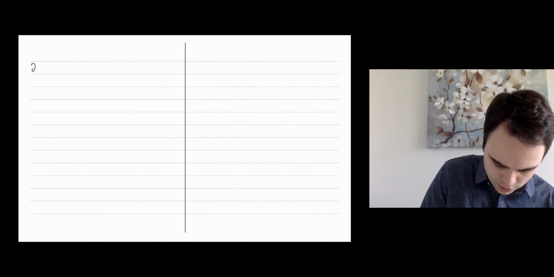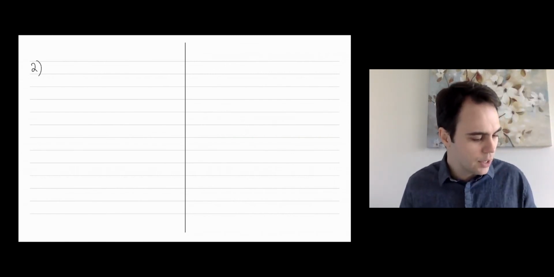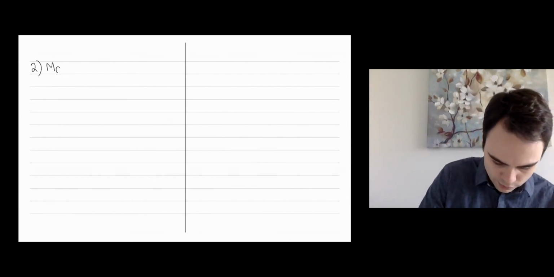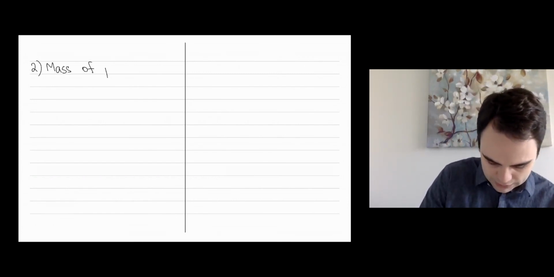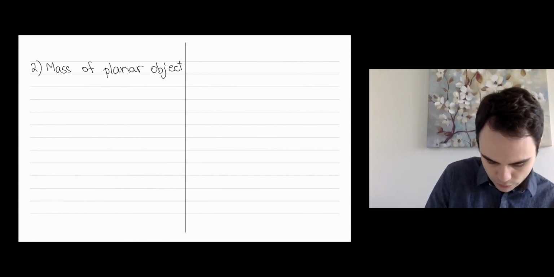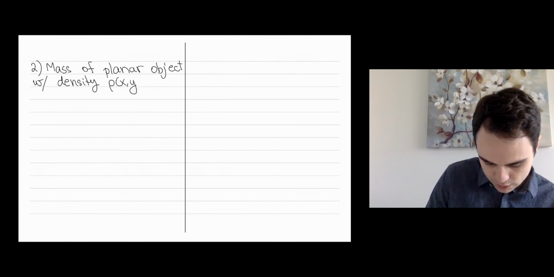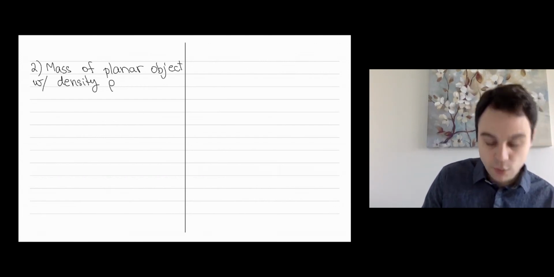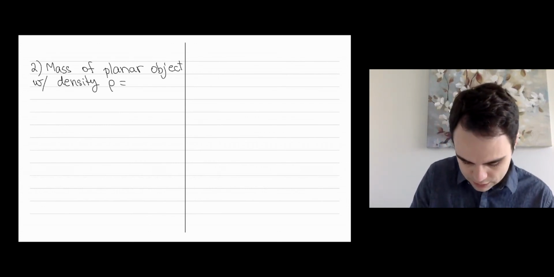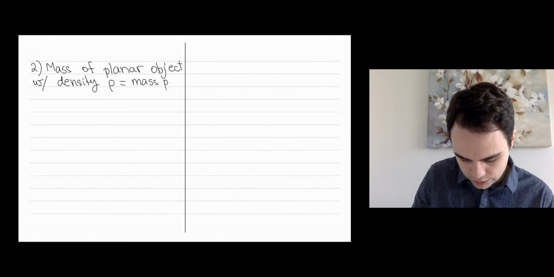So here, the next application is computing the mass of a planar object. We can use the double integral to compute the mass of a planar object if I know the density. So we have a density function rho of xy, which tells us the amount of mass per unit area.